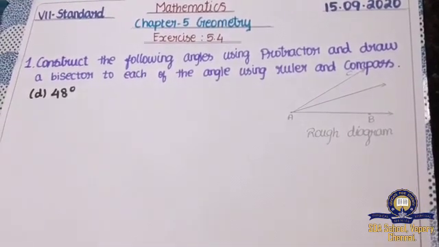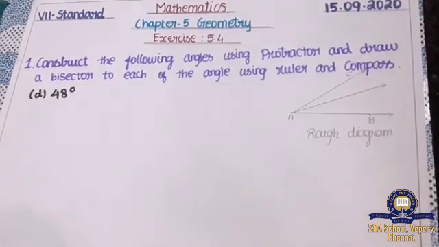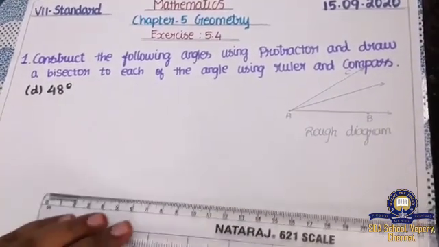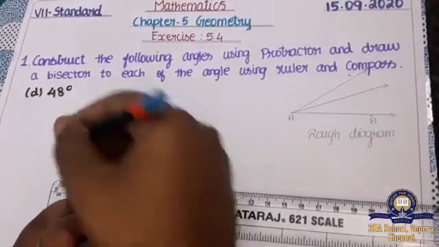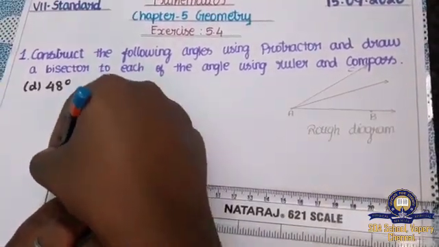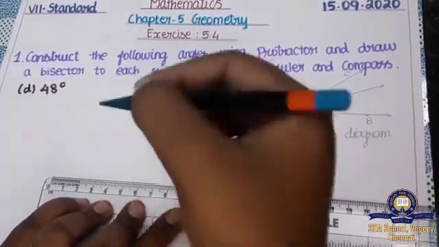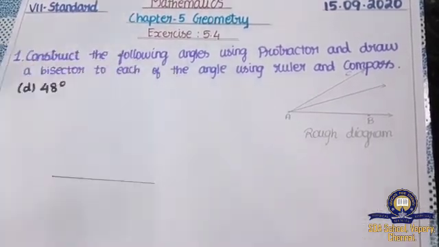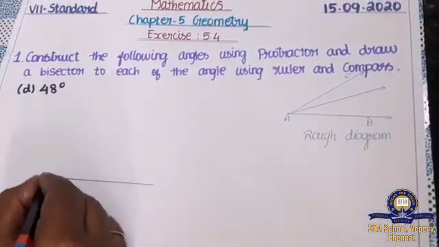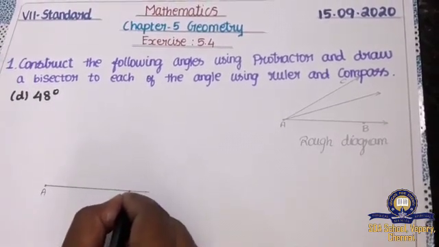But here, we are going to use the common measurement of 7 cm for all the problems. So, using the scale, draw the line for 7 cm, and mark one point as A and another point as B.